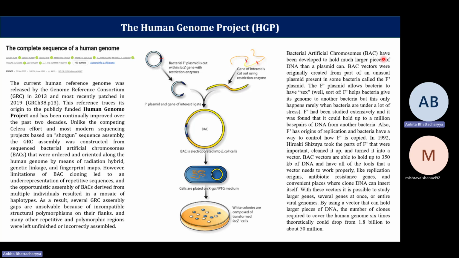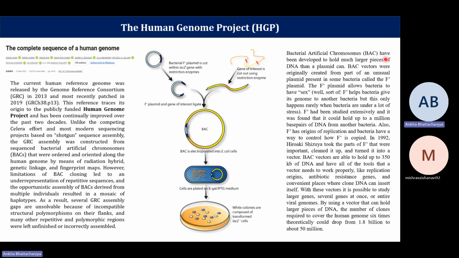Bacteria can be F positive, F prime, or F minus, whereby they may or may not exchange DNA among themselves at the time of duplication. Horizontal gene transfer may or may not occur.